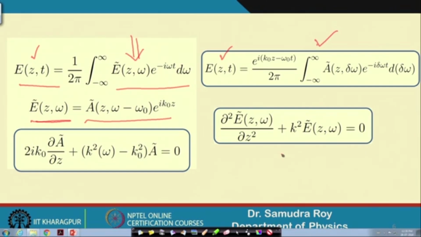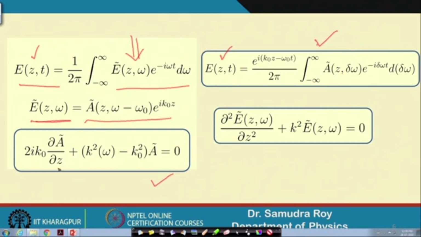The wave equation is in my hand and it is in terms of E tilde, but now the relationship between E tilde and A tilde is in my hand. Once we have this relationship, I can replace E with A in the equation, and if you do that, you can readily find the differential equation for the envelope term A, which is important, because we need to understand how the envelope is evolving.